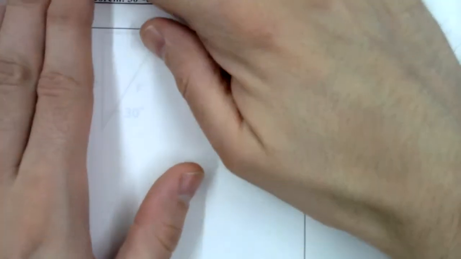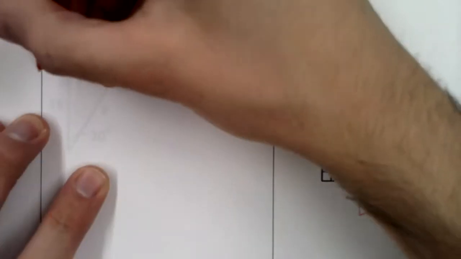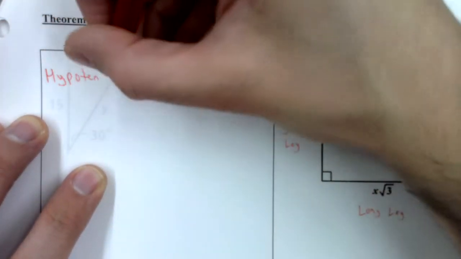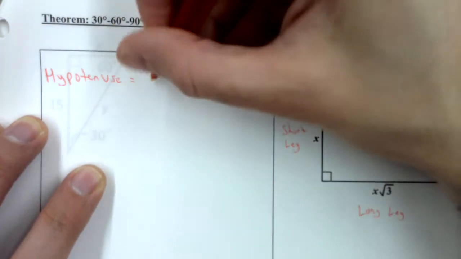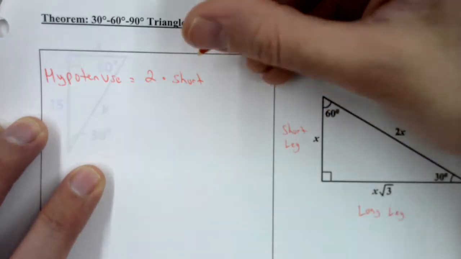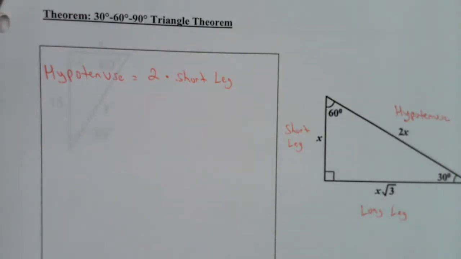First one, the hypotenuse equals 2 times the short leg. Okay?